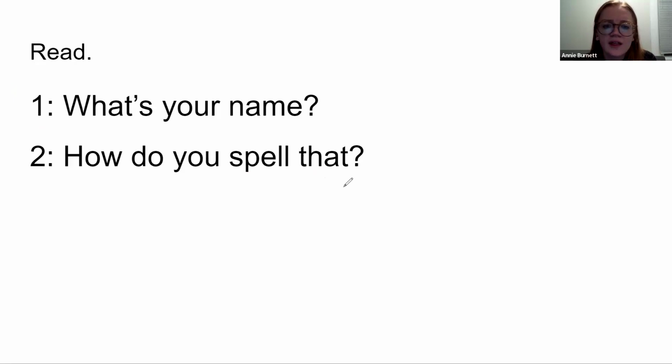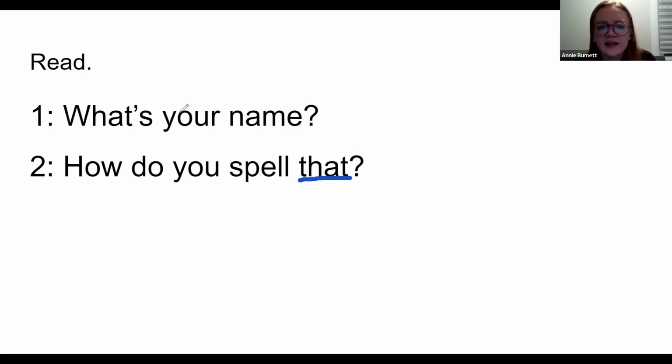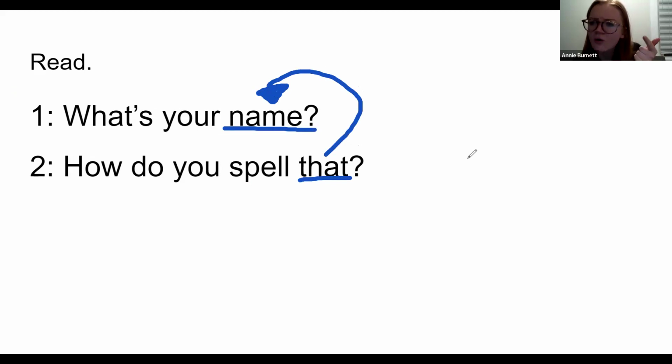This word that, it's talking about the name. How do you spell that? For example, if I ask Forozan, how do you spell that?